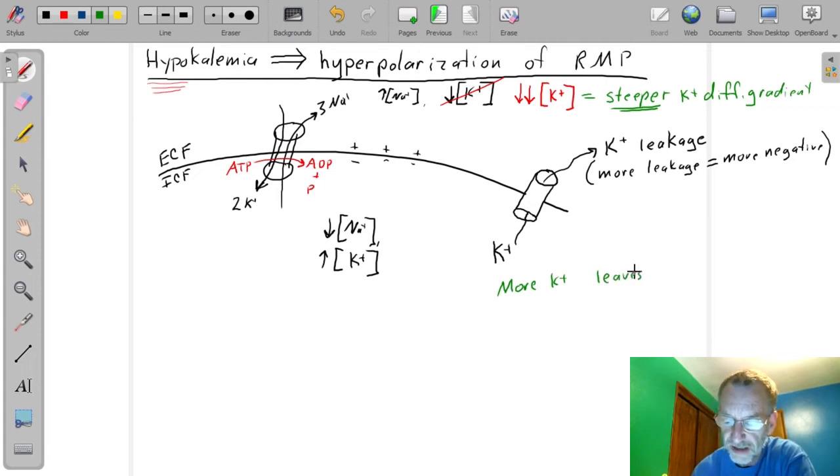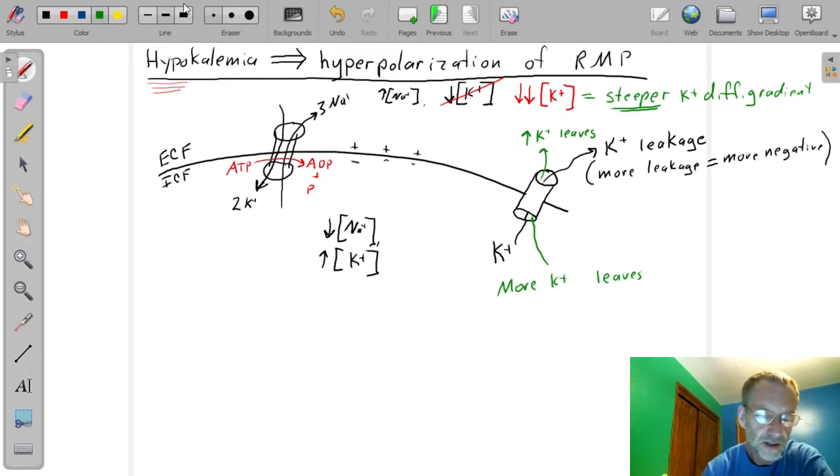There's less potassium blocking its exit, if you will. So more potassium leaves. Don't confuse this up arrow that I just drew in green with the two red arrows indicating hypokalemia.